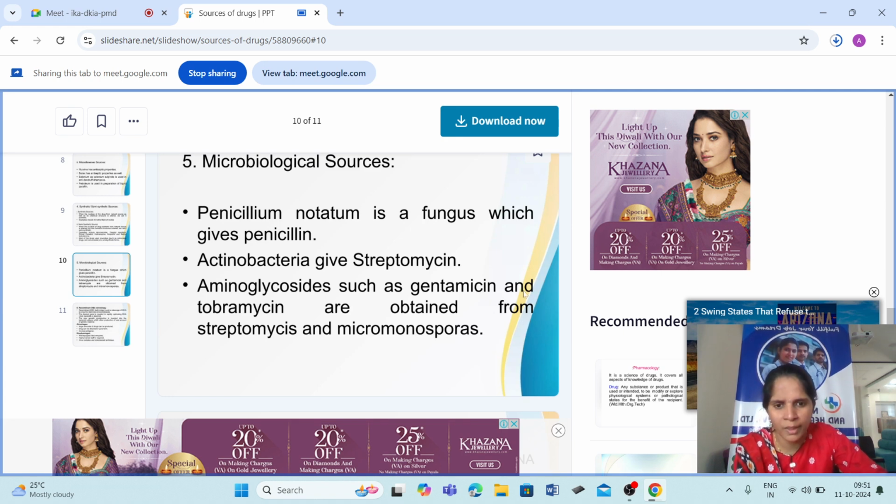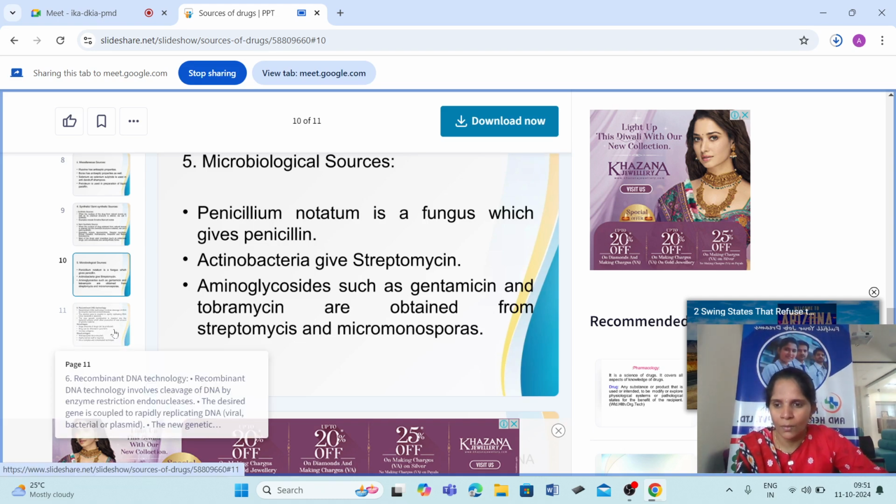So from where are you going to get gentamicin and tobramycin? Streptomyces as well as micromonosporas. This gentamicin is a well used antibiotic in hospitals. If you are suffering with any small infections, and even sometimes when infections cannot be cured with other antibiotics, they will go with gentamicin as an alternative.